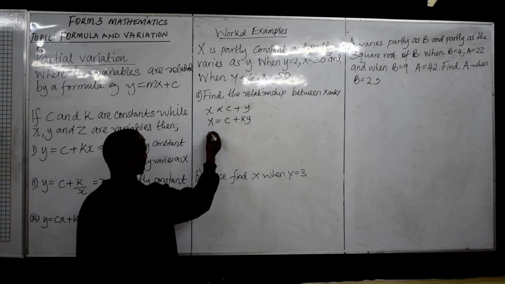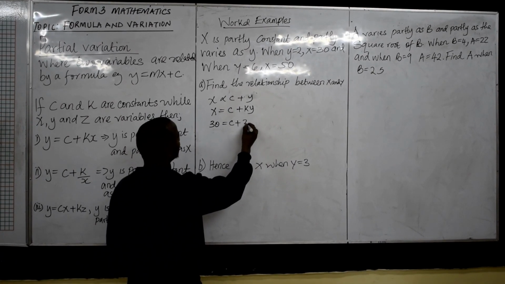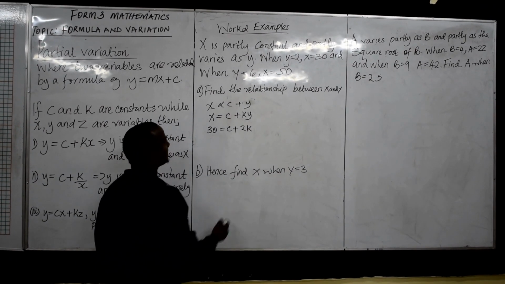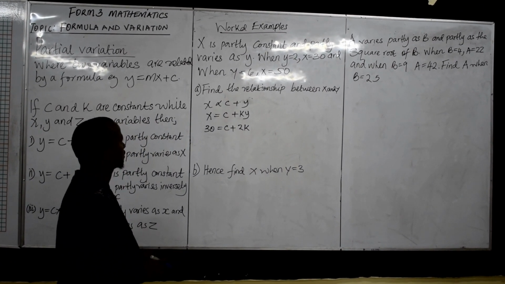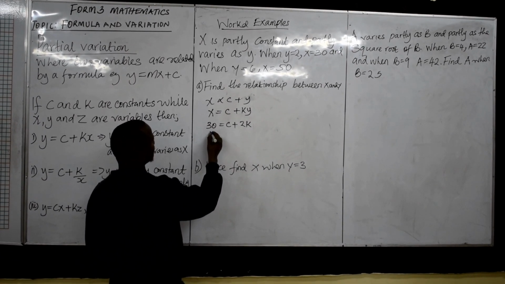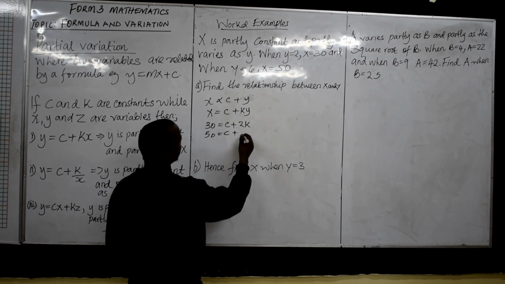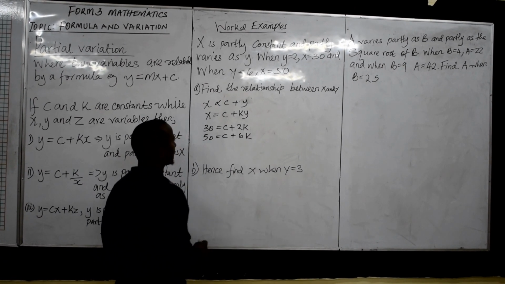So we form the equation here, 30 is equal to c plus 2k. And when y is 6, x is 50. So 50 is equal to c plus 6k.